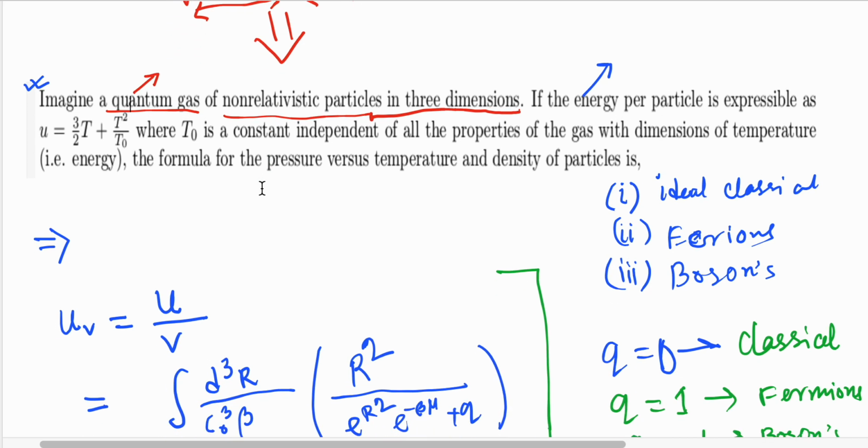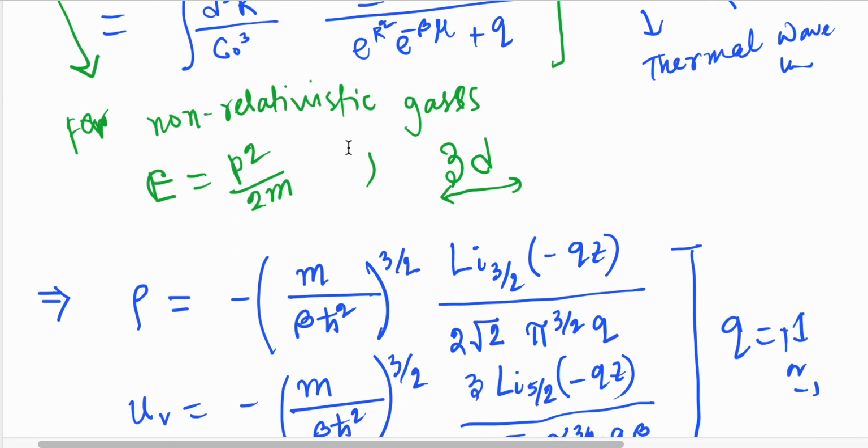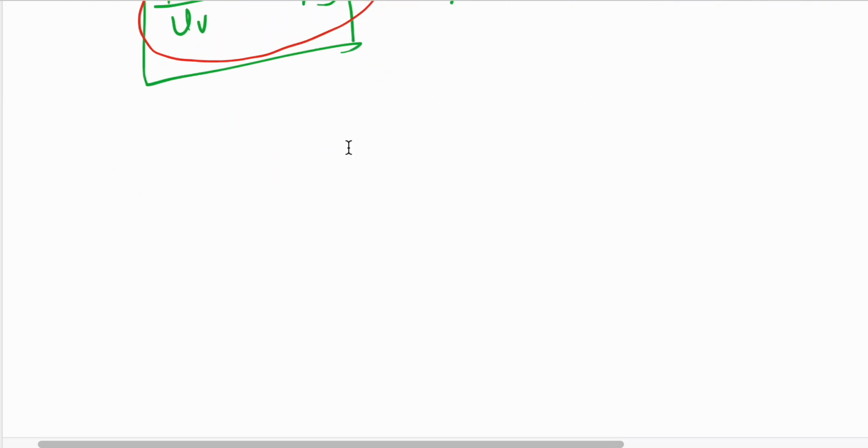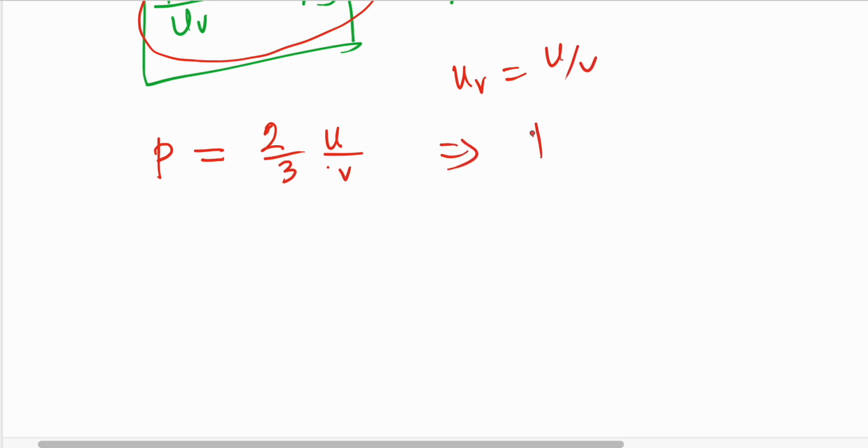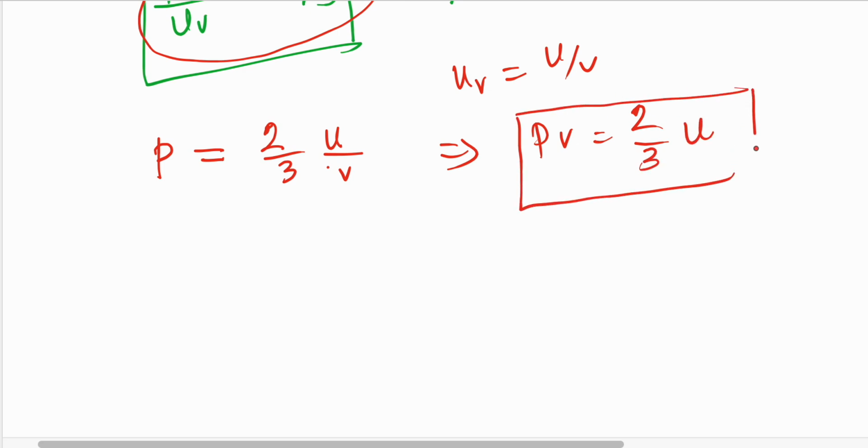So then we know the equation of state. P should be 2/3 U by V, that means PV should equal 2/3 U. This is the state equation.